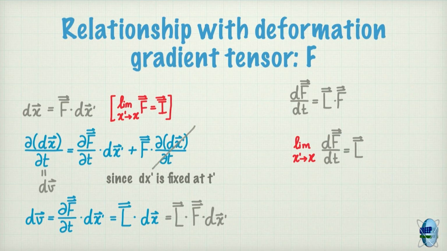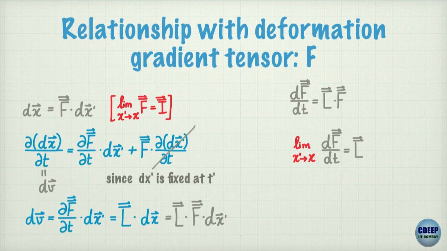But we also know by definition of the velocity gradient tensor that dv is equal to L dot dx, that is how we have defined the velocity gradient tensor. So, this tells you that if we substitute dx using F dot dx', we can directly write that L dot F is equal to dF/dt. Yeah? Those are the two terms which we will make equal here. Yeah? Is that clear?